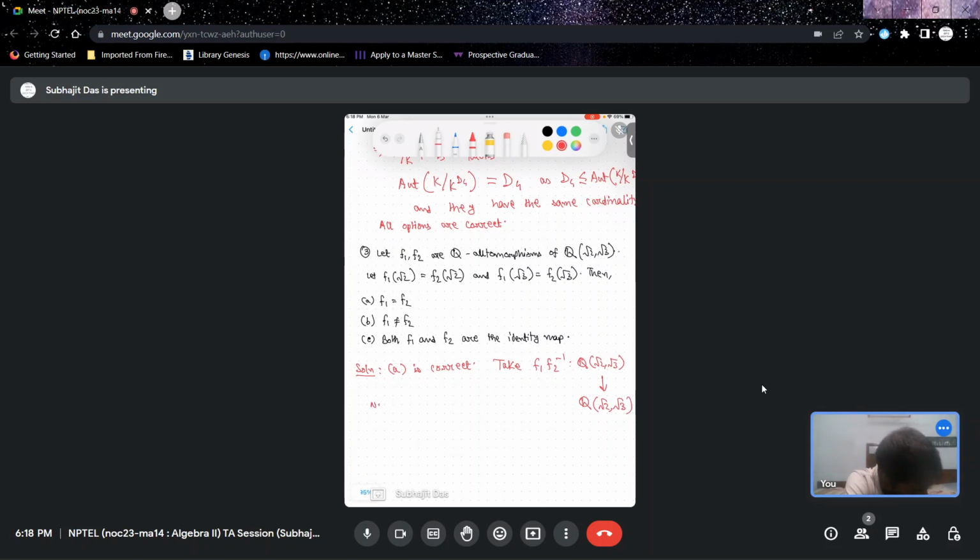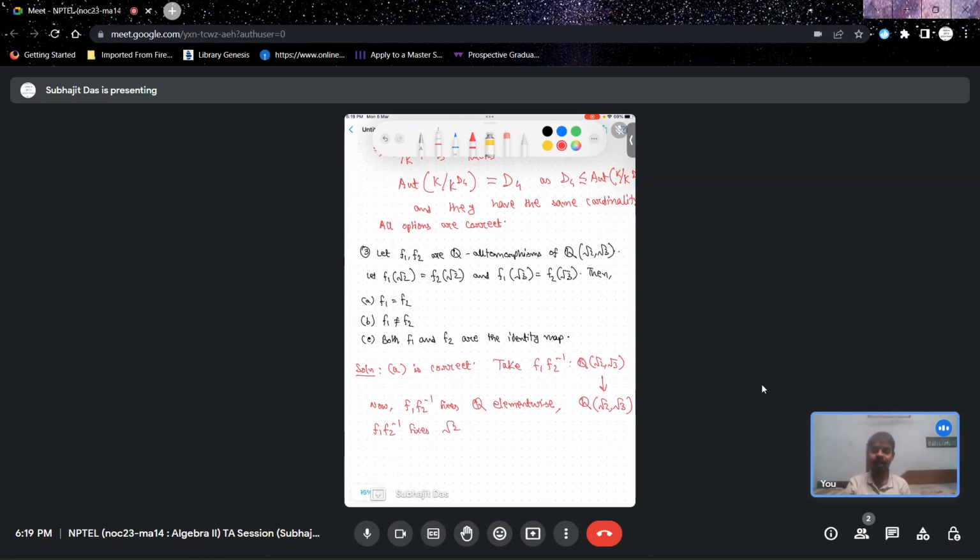Now F1 F2 inverse fixes Q element-wise by definition, as F1 and F2 do so. F1 F2 inverse fixes √2. Why?